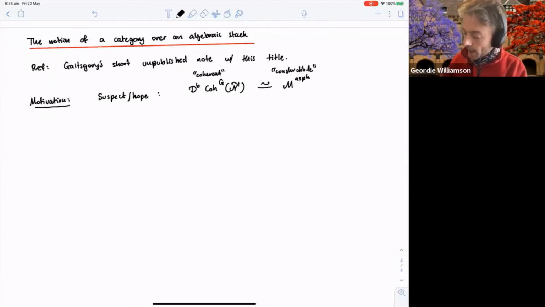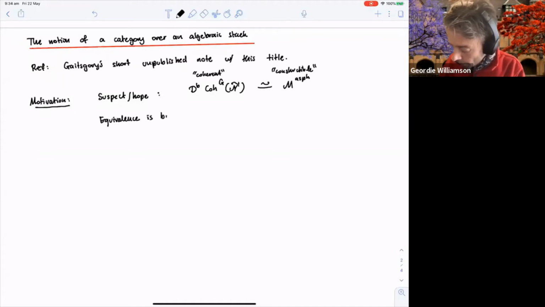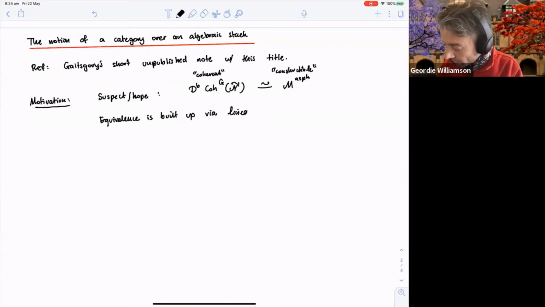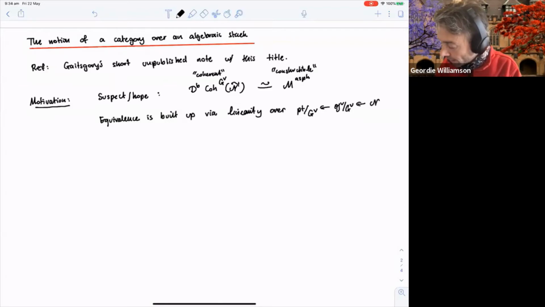But then the equivalence is built up via establishing linearity over first point mod G check, then G check mod Lie algebra mod G check, and finally N tilde mod G check.